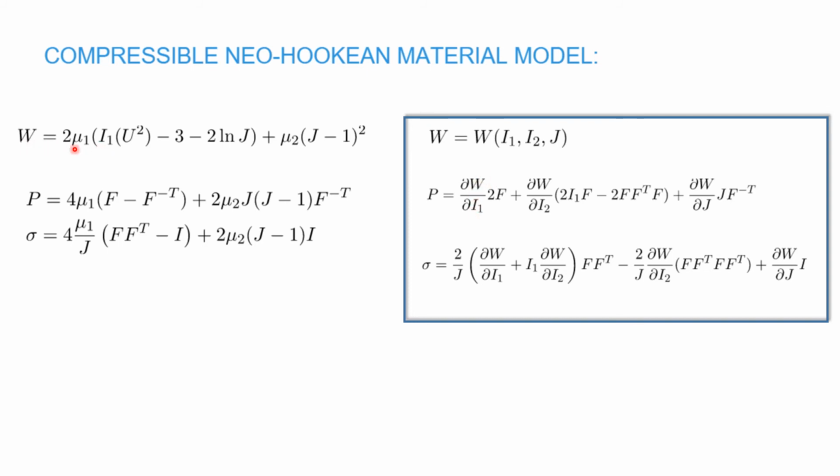The derivative of W with respect to I1 is 2 mu, multiplied by 2F gives me 4 mu F. The partial W by partial I2 is 0. Partial W by partial J, I will have to differentiate W with respect to J here, and it will result in this expression. Again, using the relationship between P and sigma, I will be able to find this expression for sigma.